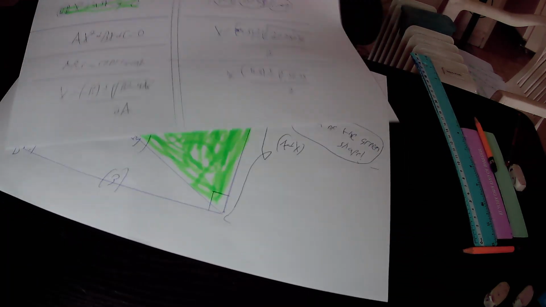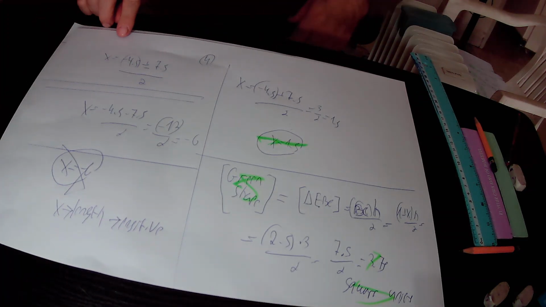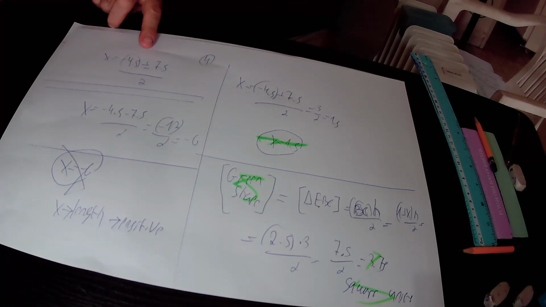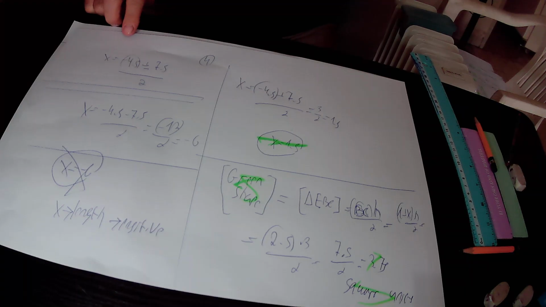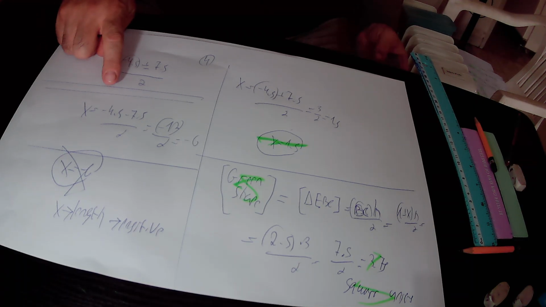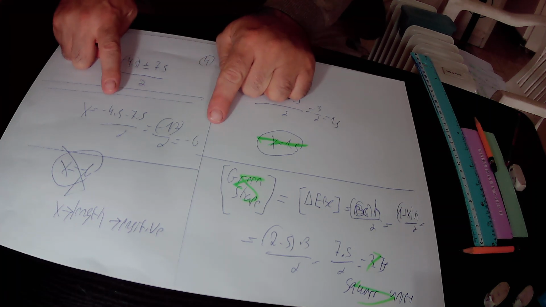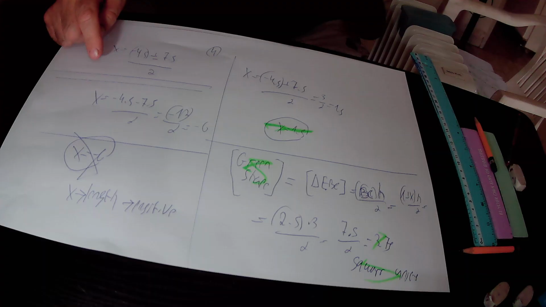So in total, we found that x equals minus 4.5 plus minus 7.5 over 2. So here we have two possible solutions for x. The first solution for x is as follows. X equals minus 4.5 minus 7.5 over 2. Minus 4.5 minus 7.5 is minus 12 over 2. Minus 12 over 2 is minus 6. So we found that the first solution for x is that x equals minus 6.